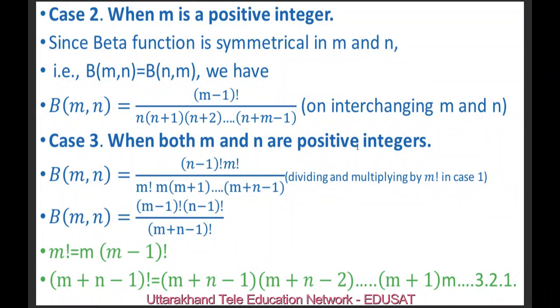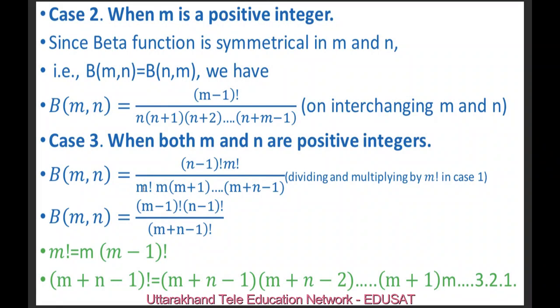If both are positive, then using the first case, if we divide and multiply by factorial m in numerator and denominator, we know that factorial m is nothing but m into factorial m minus 1. So if we write here m into factorial m minus 1, then this m, which is outside factorial m minus 1, and this m in the denominator will cancel out, and in the numerator we will have factorial m minus 1 and factorial n minus 1. We will be left with factorial m minus 1 because m has cancelled with this m.